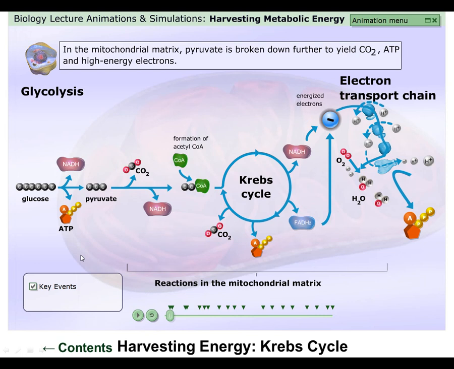Then the Krebs cycle can initiate. That's where we just finished: NADH, FADH2, ATP, and releasing carbon dioxide out in the atmosphere. Or if it's a plant, the plant can use it. Now we're going to see the animation of the Krebs cycle, and then we'll follow up with the electron transport chain.